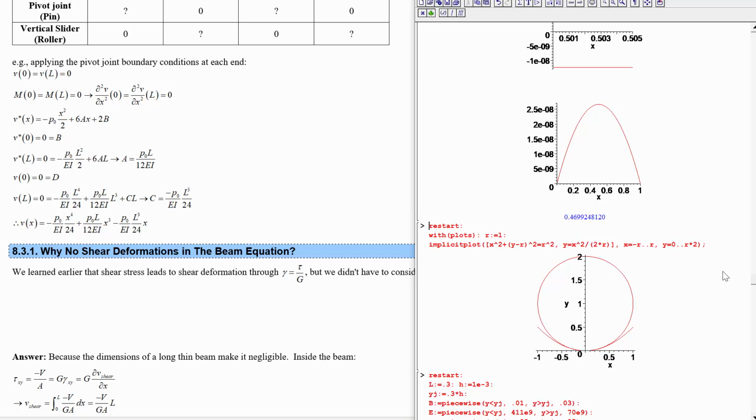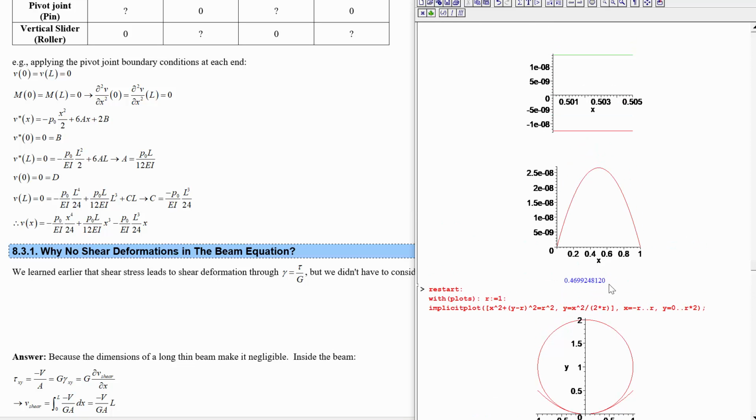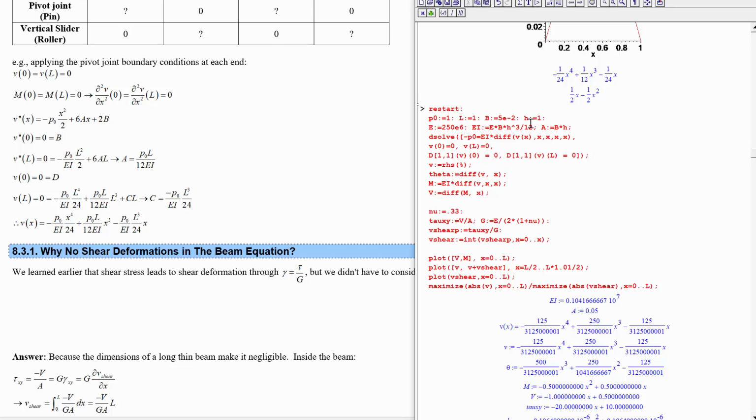Shear is responsible for twice as much of the vertical displacement as bending is when the beam is the same thickness as it is in length.